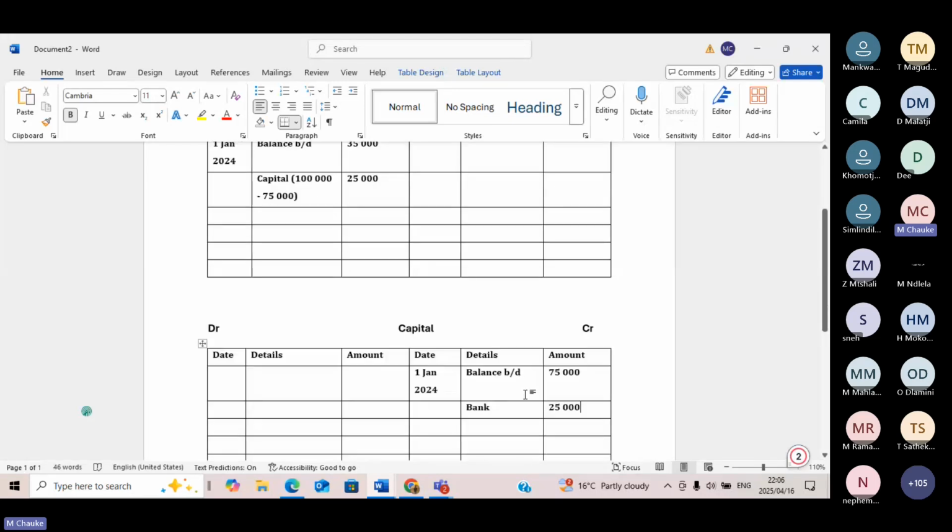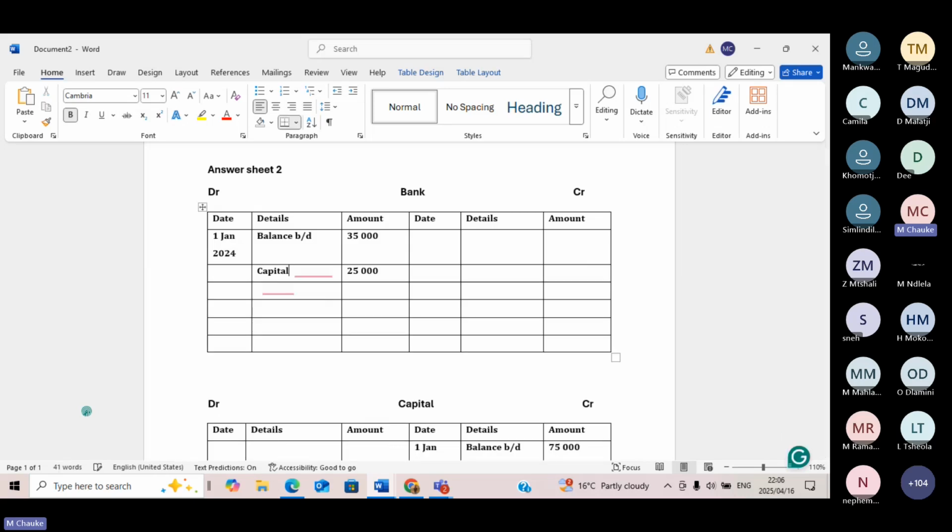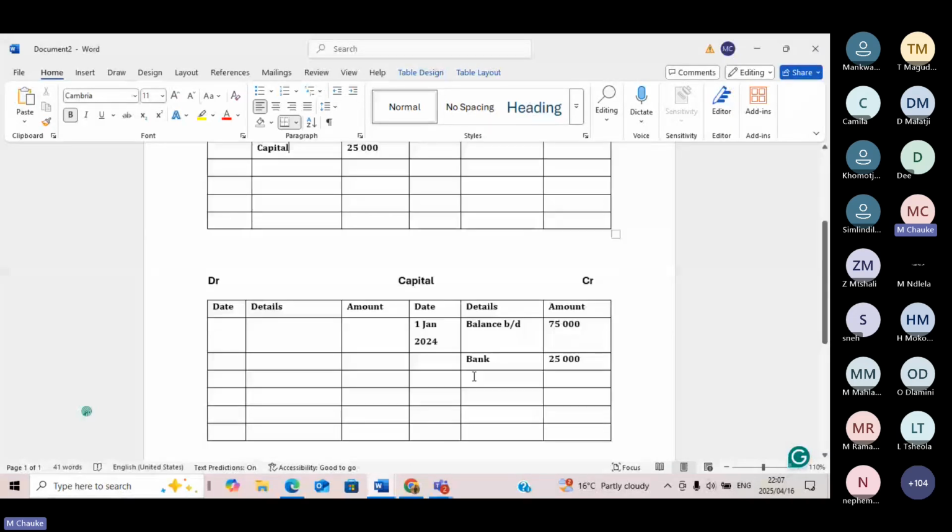I don't want to find people writing bank everywhere. You find that under here, instead of writing capital, you write bank. No, you cannot write bank under bank. You must write the contra account. The contra account of bank in this transaction is capital, and the contra account of capital in this is bank.